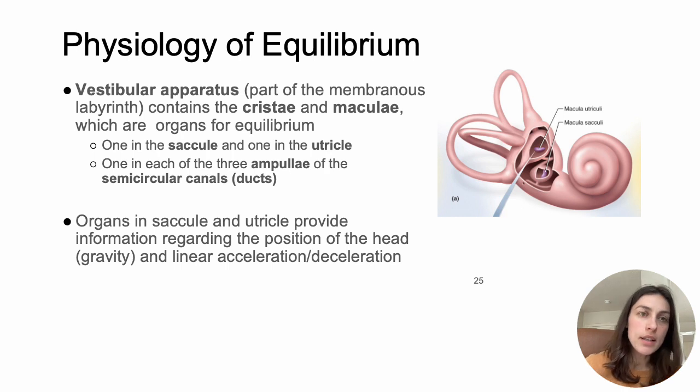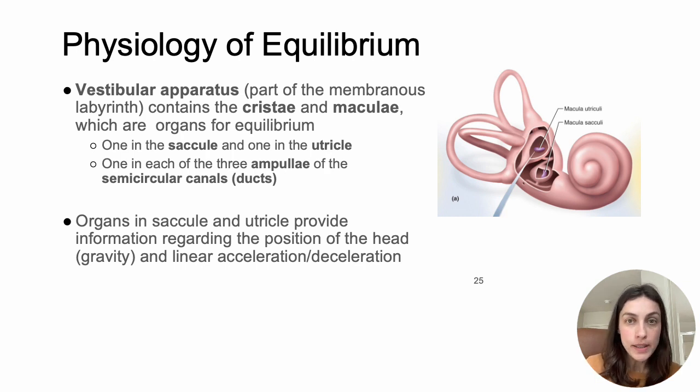So in the saccule and utricle of the vestibular apparatus, we have the organs that provide you information about the position of your head in relation to gravity, right? So if I do this and then back like this, my brain is interpreting that through those two maculae.